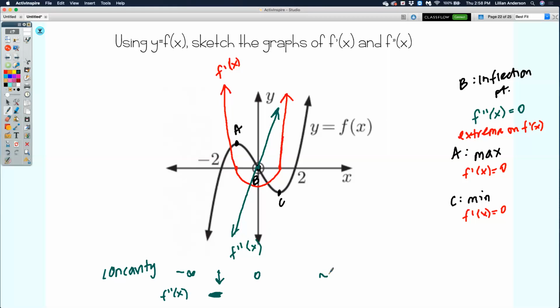But from 0 until infinity, it's concave up, then that means it's going to be positive on my second derivative, or above the x-axis.